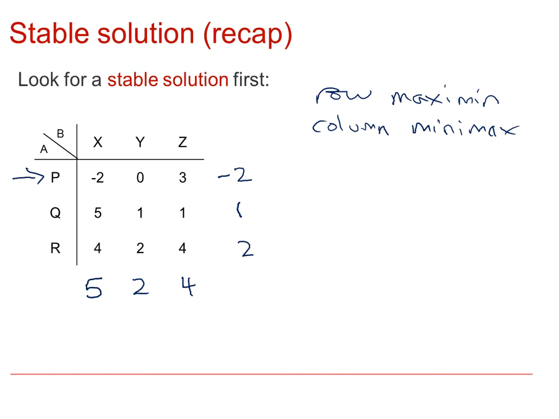So for these row results, I'm looking for the maximum of those minimum values, which in this case will be a 2. And for the column, I am looking for the minimum of these maximum values, which also happens to be a 2. Therefore, the row maximin equals the column minimax, and I do indeed have a stable solution.